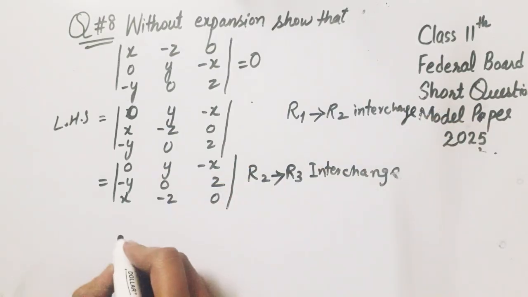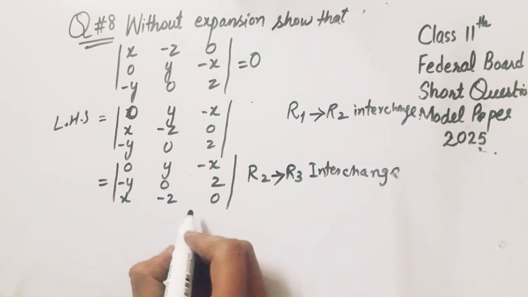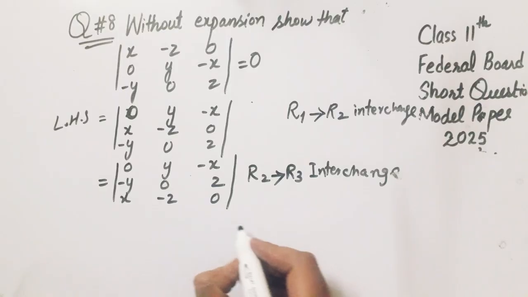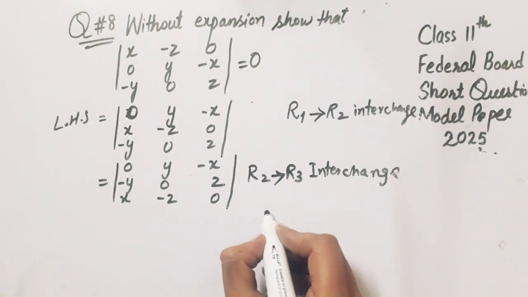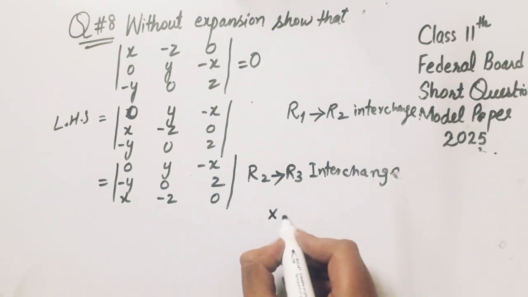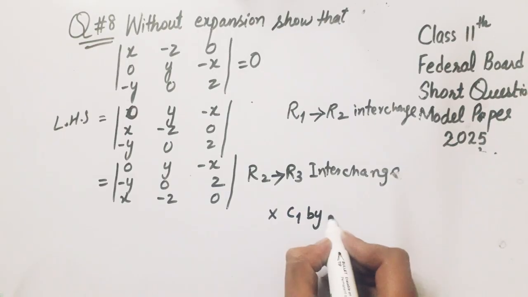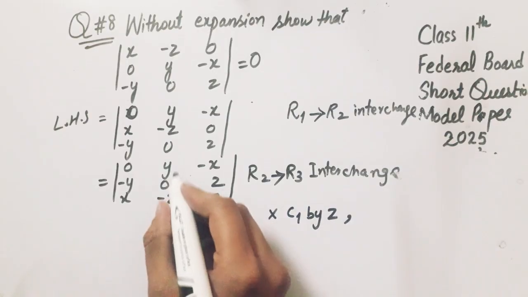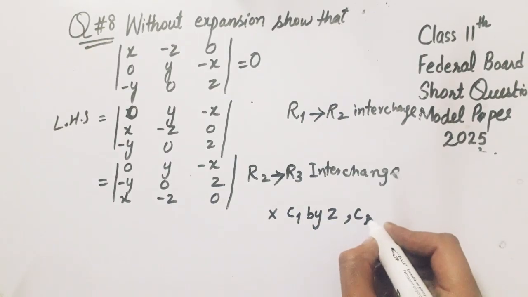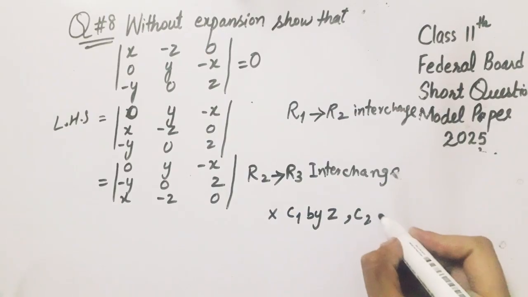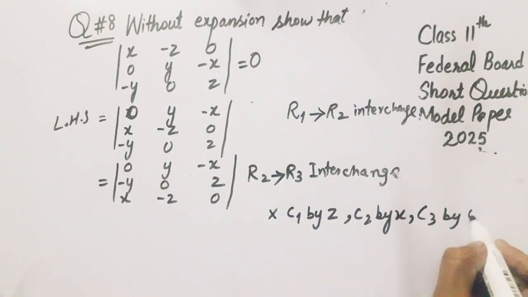In the next step, you will multiply the first column by z. So you will write: multiply C1 by z, C2 by x, and C3 by y.